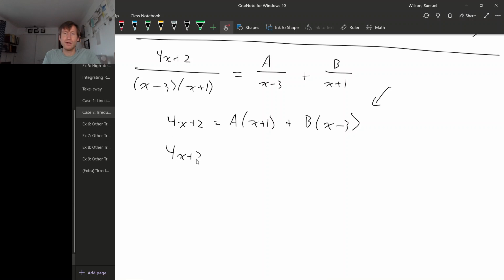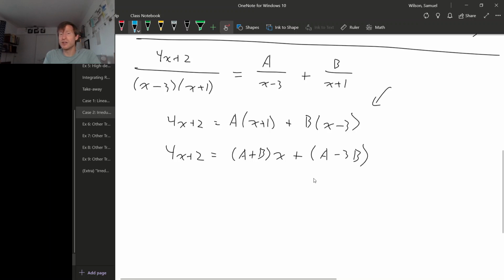So we can multiply out and combine like terms on the right-hand side. So we have ax plus bx, so that's (a plus b) times x. And then for our constants, we have a times 1 minus 3 times b, so a minus 3b. Now both sides of these equations are polynomials, and they're supposed to be the same polynomial.